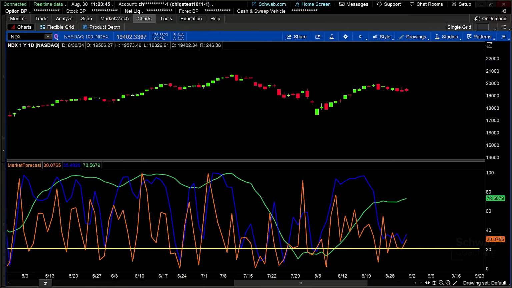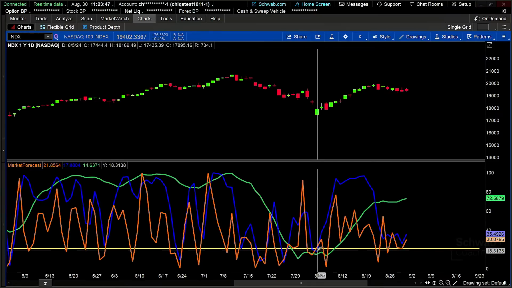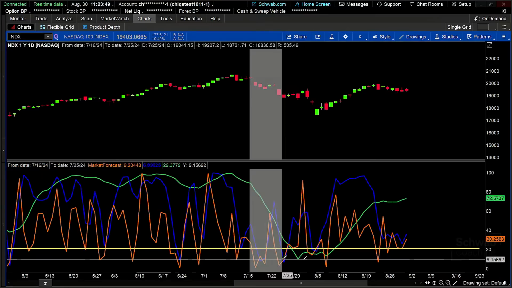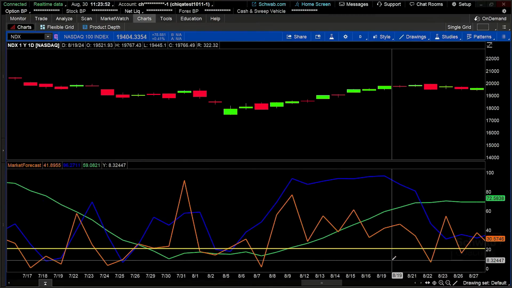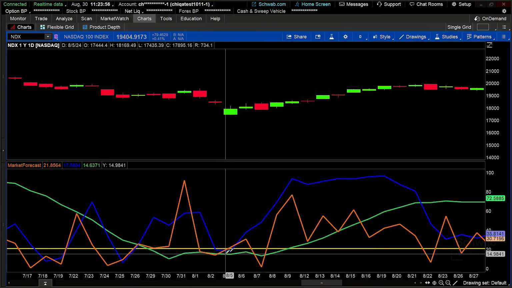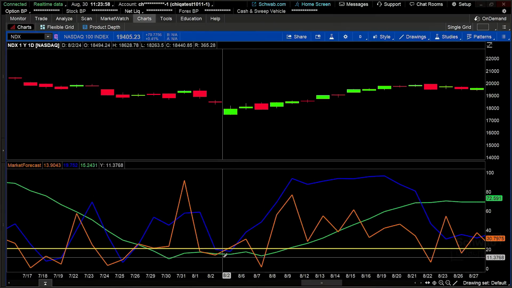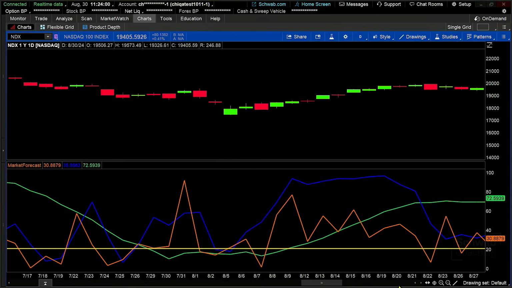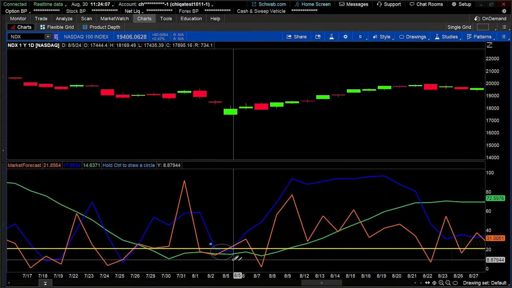So something interesting occurs right about here. Let me zoom in so you can see it. And there's something really interesting that goes on right in these 2 days here. And I'll circle that with my drawing tool so that I keep my crosshairs on. So I'm going to circle this area right here, okay?